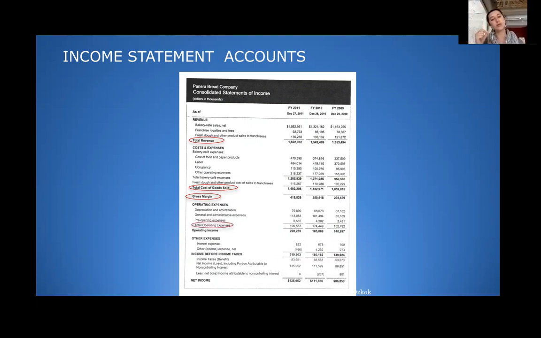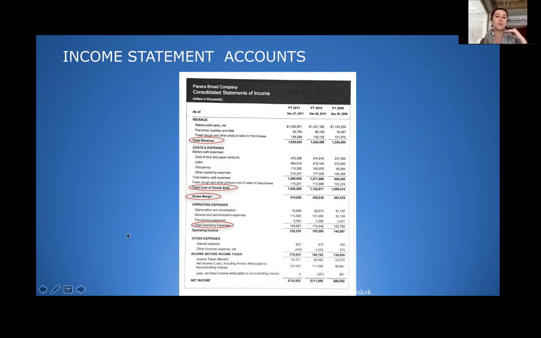It's important to see gross margin because it tells you the direct costs related to our sales, and whether it's profitable at the first step, before overhead expenses.